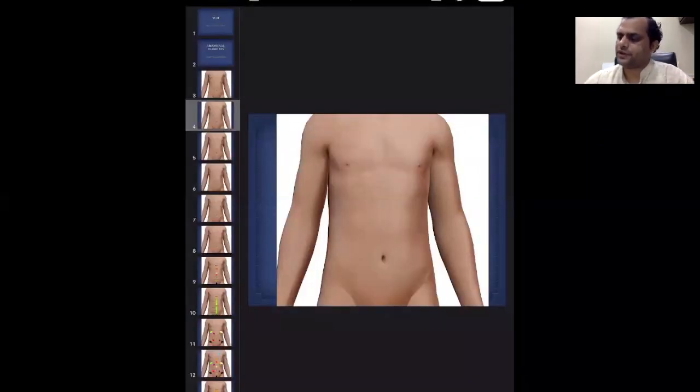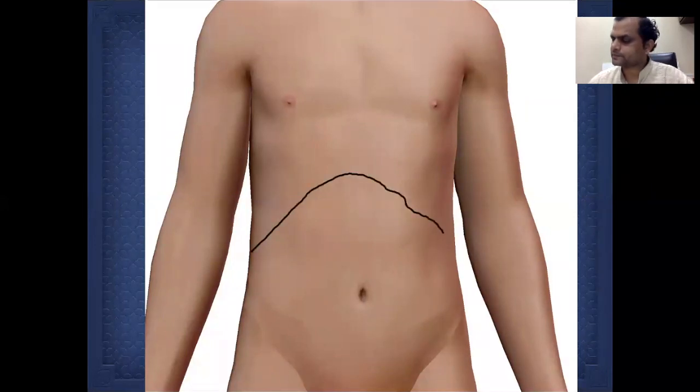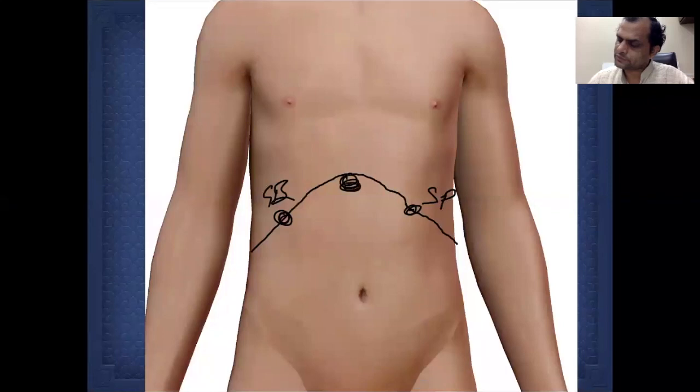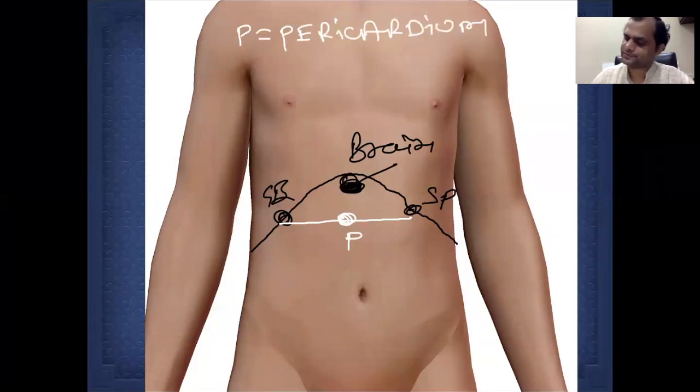So now in this image, we can see here, if this is the diaphragm, this is the gallbladder, this is the spleen, brain, at the level of gallbladder and spleen, this is the pericardium. Here the meaning of PV is pericardium, which is connected with the brain and gas.